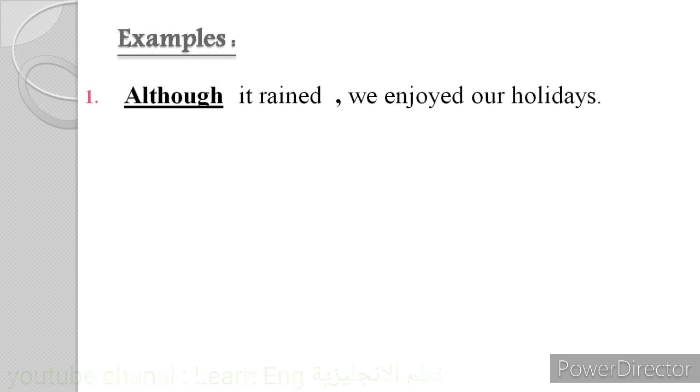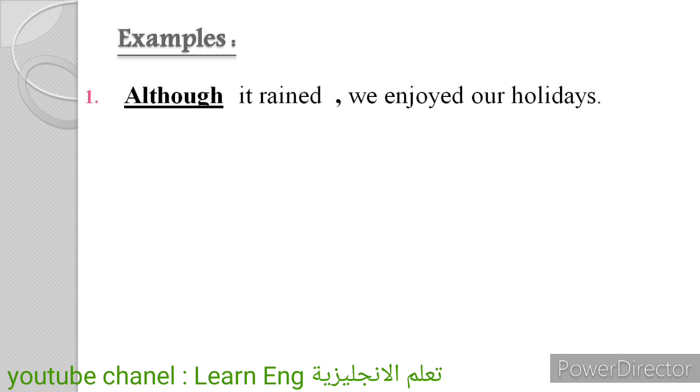The first example is, although it rained, we enjoy our holidays. So we have a sentence here, and it is divided into two parts. Between the two clauses, in English we call them clauses.